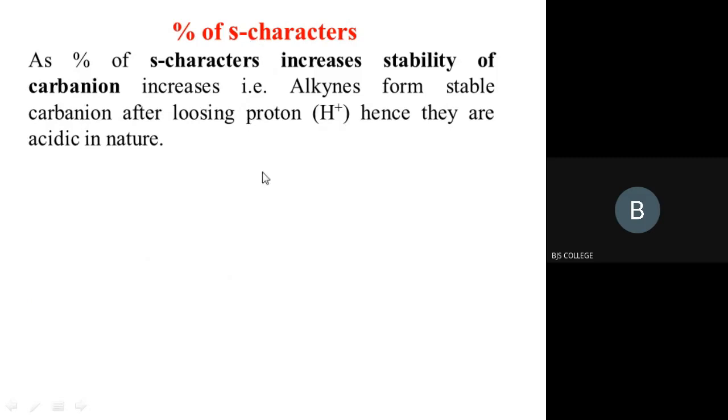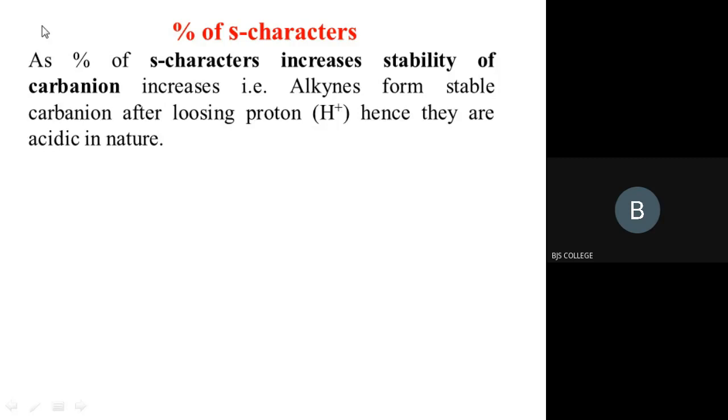That is the percentage of s character. As we know, carbon can have three types of hybridization, that is sp, sp2 and sp3, and if the hybridization changes, the percentage of s character also changes.